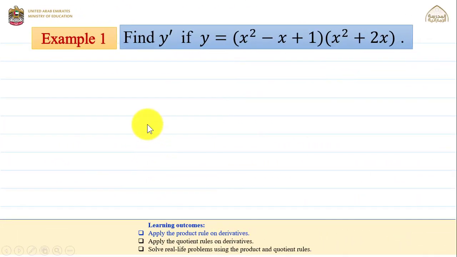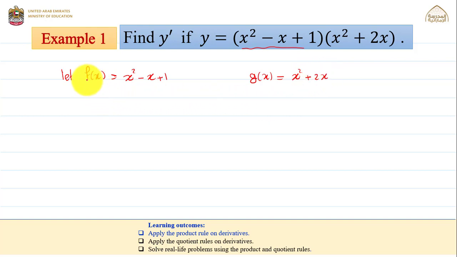Example: find y prime if y equals (x to power 2 minus x plus 1) times (x to power 2 plus 2x). Then let f of x equal the first function, x to power 2 minus x plus 1, and g of x equal x to power 2 plus 2x.